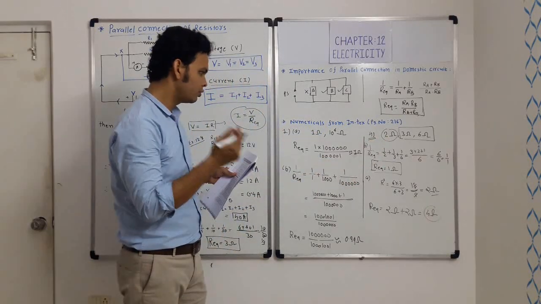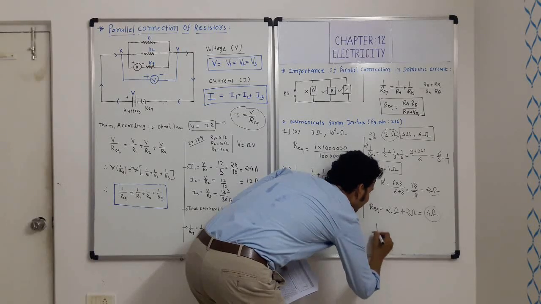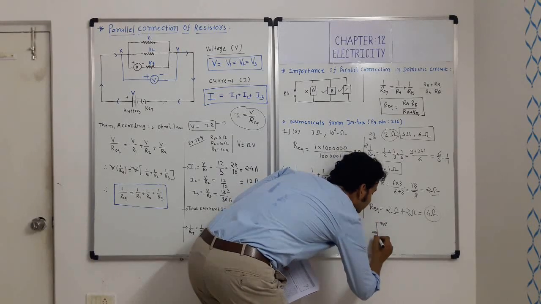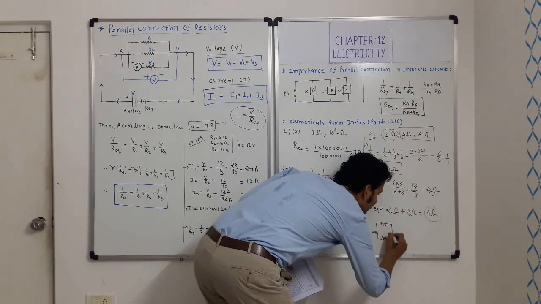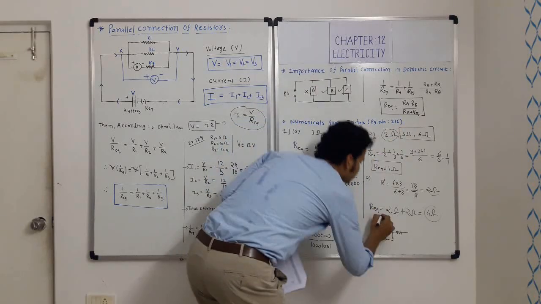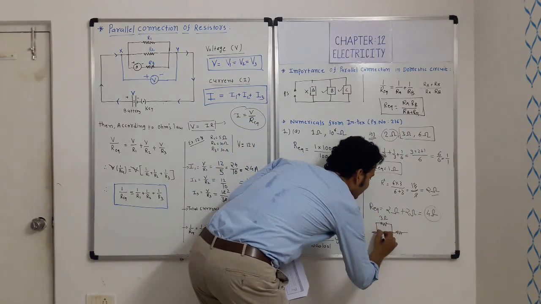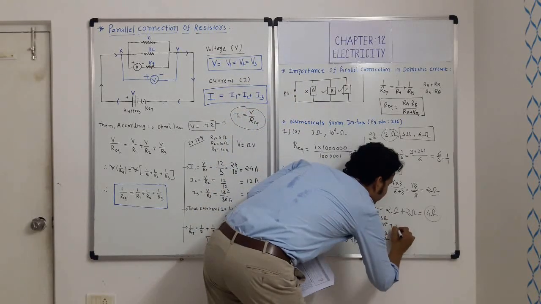So if you want to draw the circuit, it is something like this: this is first resistor, this is second resistor, and this is third resistor. So yes, this 3 ohm and 6 ohm, they are in parallel, and their equivalent is in series with 2 ohm.